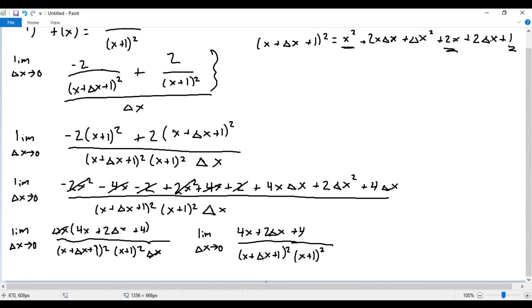And because this delta x is simply being added, we can actually go ahead and plug in 0 for delta x to evaluate our limit.